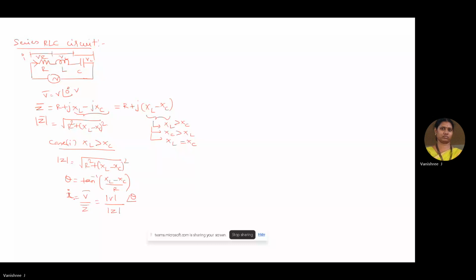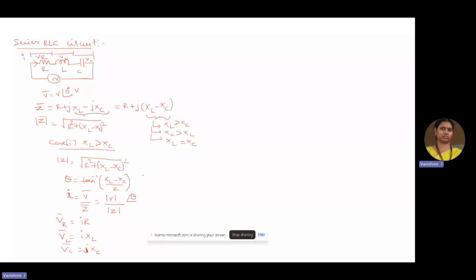Once after determining the value of I, we can get the voltage drop across the element VR, which is equivalent to I into R, and the inductor voltage VL, which is equal to I into XL. Similarly, VC is equal to I into XC.